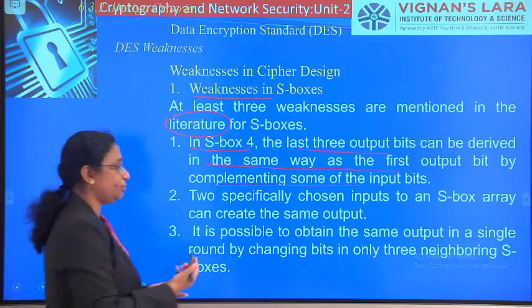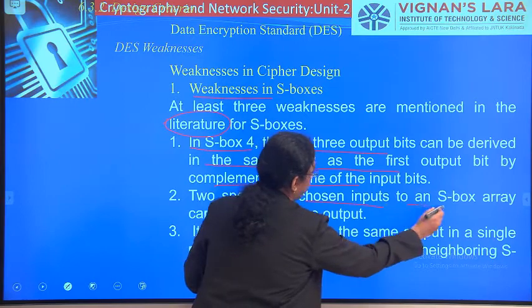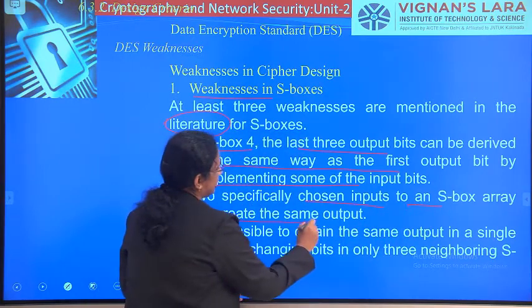The second weakness is that specifically choosing two inputs to an S box can create the same output.